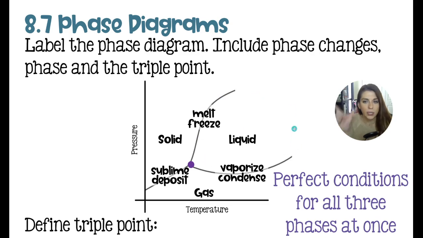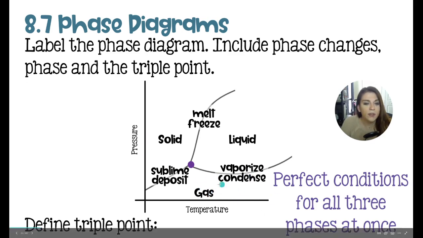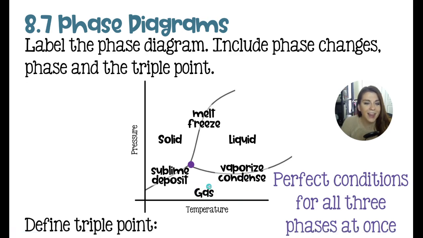The area between the Y is going to be liquid. You're at a higher temperature, but a little bit of a higher pressure, holding your particles together a little bit. And if you cross that line to the left, you would be freezing your sample. Across the bottom, where you have any type of temperature but is decently low pressure, you are going to have a gas, and that gas, when you apply more pressure, is going to condense into a liquid.